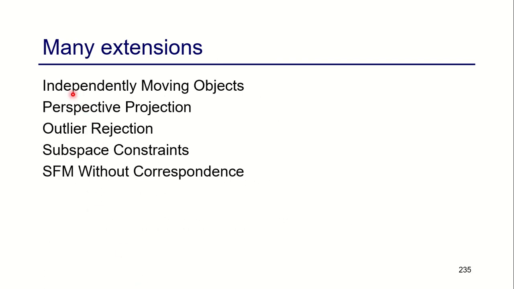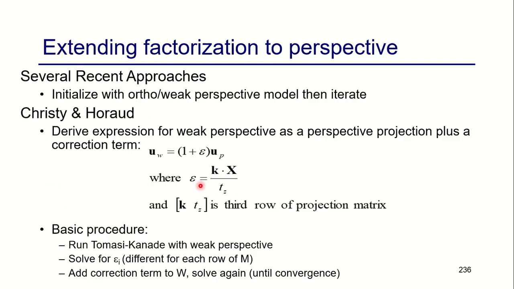The extensions of them are independently moving objects, perspective projection, outlier rejection, subspace constraints, SFM without correspondence. How do you extend this factorization to perspective projection? For that, the weak perspective model has to be used, and then it has to be iterated.